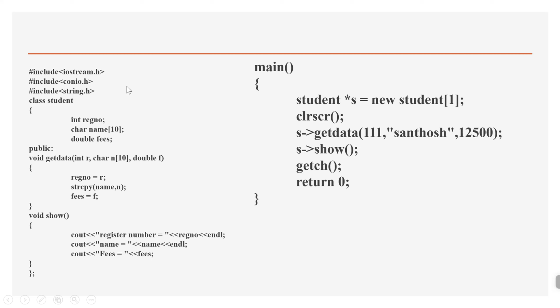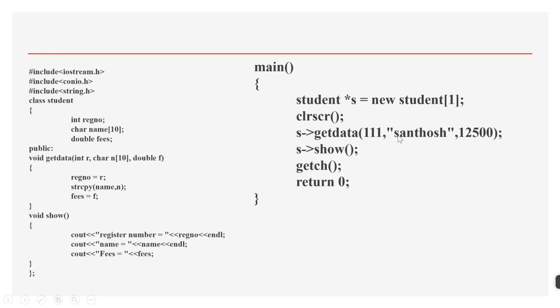So I define a very simple class here called student with three data elements: register number as an integer, name as a string, fees as a real double. Now under public I define getdata, but look here, I am not reading the data.